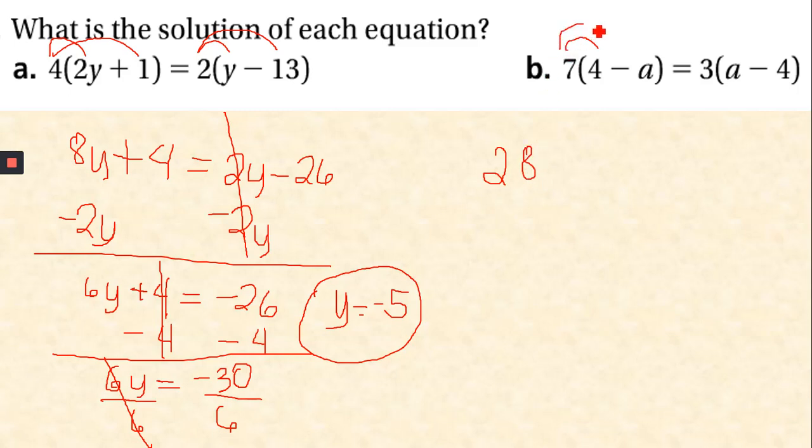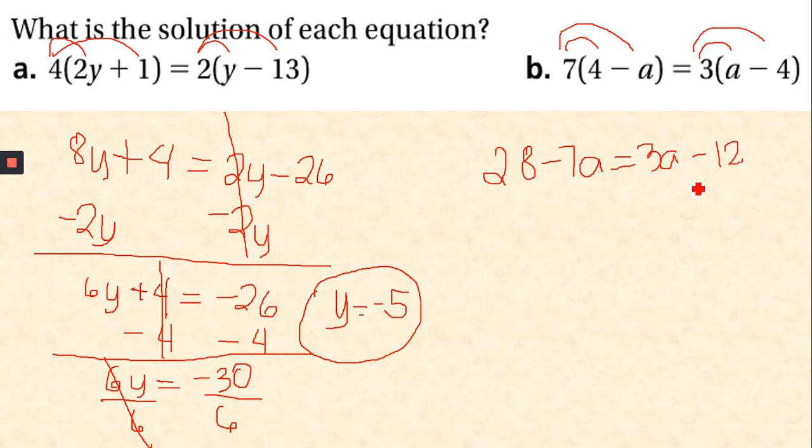Then you have 7 times A, that is equal to negative 7A, is equal to 3 times A, that is 3A. And then 3 times negative 4, that is negative 12.